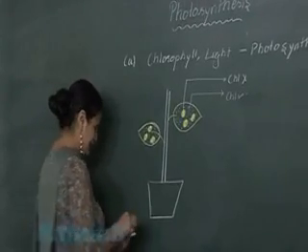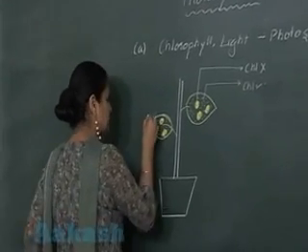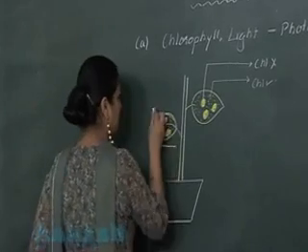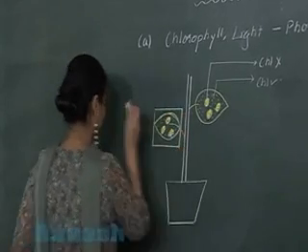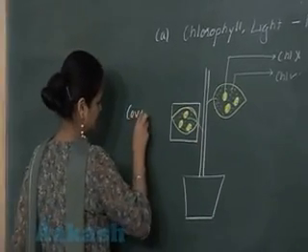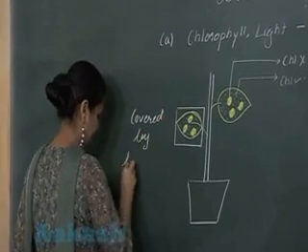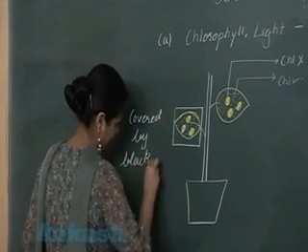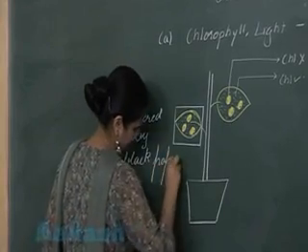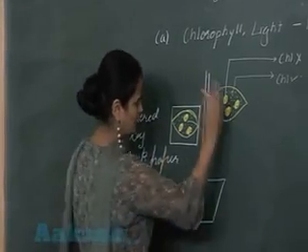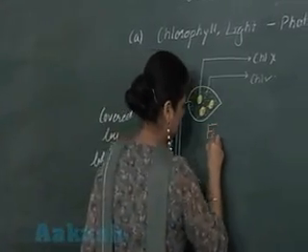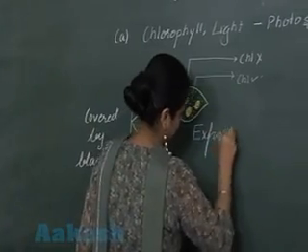So let's say that this leaf, it was covered with the help of a black paper. Right? और ये जो लीफ है, this is exposed to sunlight.